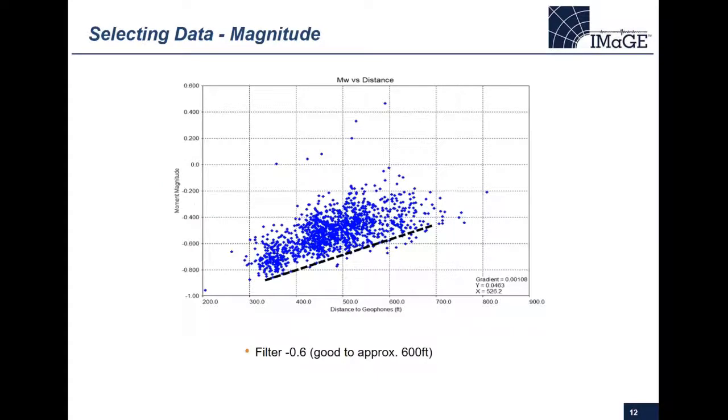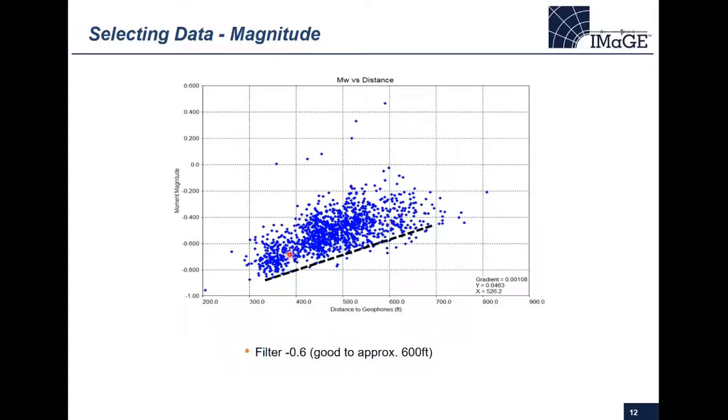So what we can do about these biases is we can try and make sure we select data that is complete. So again, this is our moment magnitude versus distance plot, but for a different data set. And you can see that above, so 0.6, maybe above 0.4, we're going to have a mostly complete data set, as that's where our magnitudes are complete.